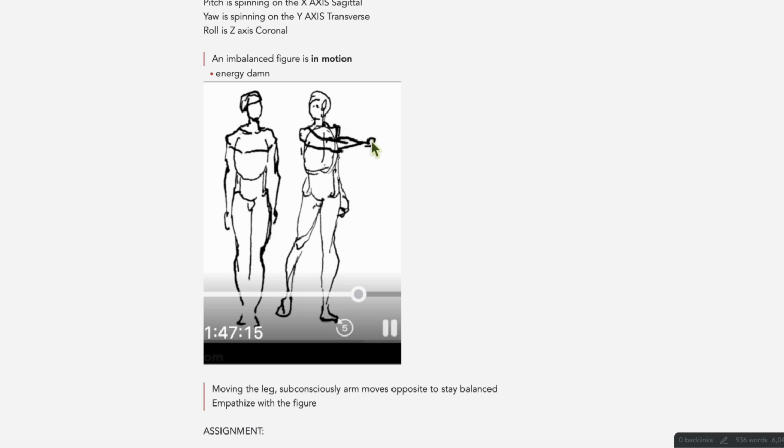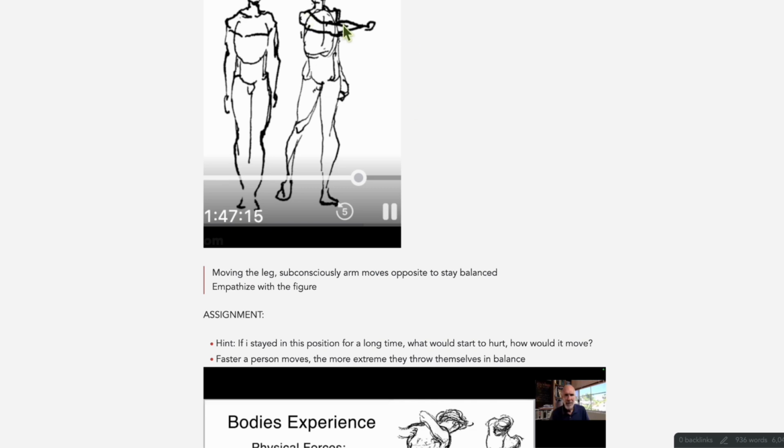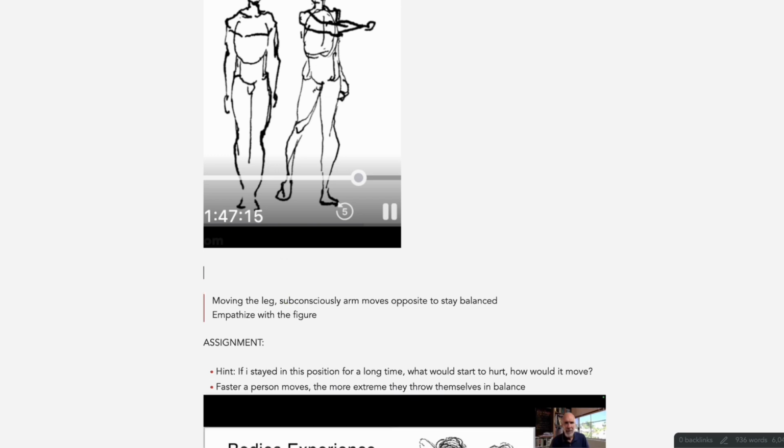Now this one is going to be about empathizing with the figure. He said, in moving the leg, you might subconsciously move the arm opposite just to stay balanced. So the arm goes that way, the leg goes that way. He thought about how the figure might want to do this just to stay upright and not fall.